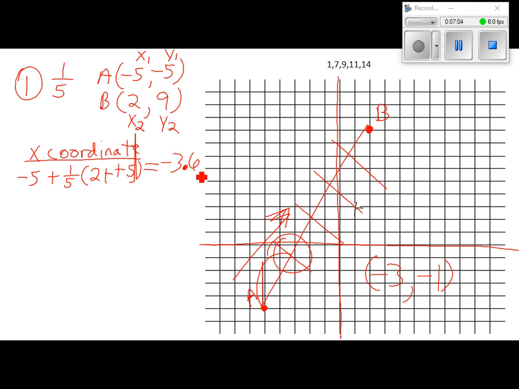What's 3 divided by 5? 0.6. So it's going to be -3.6. If you wrote it -3 3/5, I'll understand it also. You understand that's a negative down there, right? We have to draw that in. Is everybody getting that? Anybody not getting it?